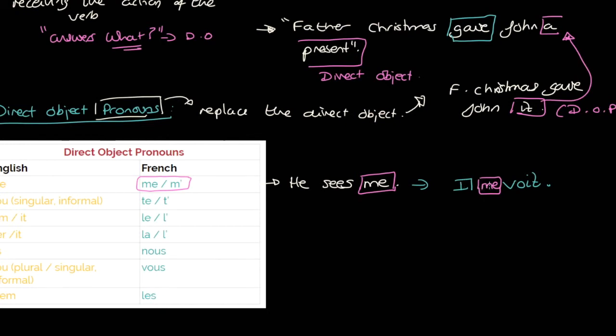He sees me. So notice there, quite importantly, the position. In French, the direct object pronoun usually goes in front of the verb. Now I say usually, sometimes there's one instance where it doesn't, but do watch the tutorial about the position and agreement of direct object pronouns for more information on that. But in these instances, it goes in front of the verb.